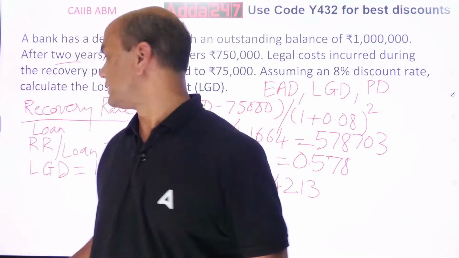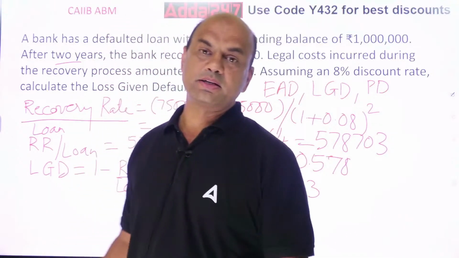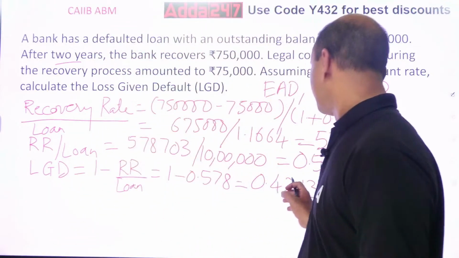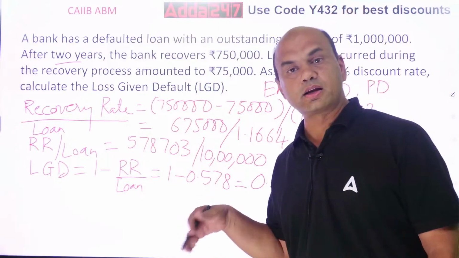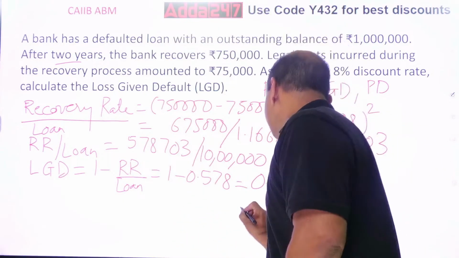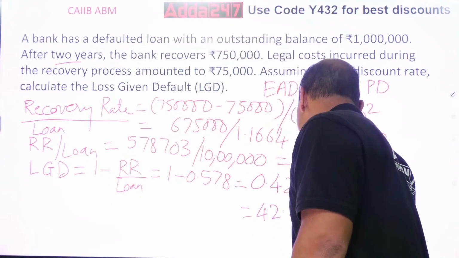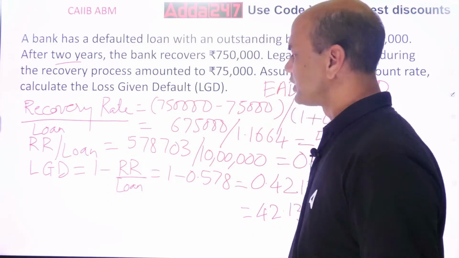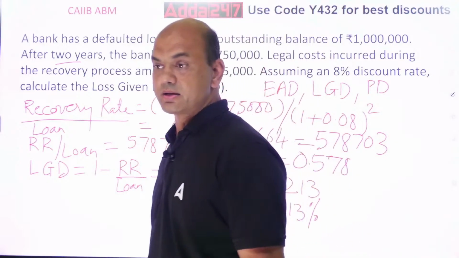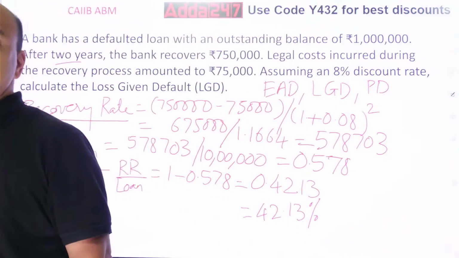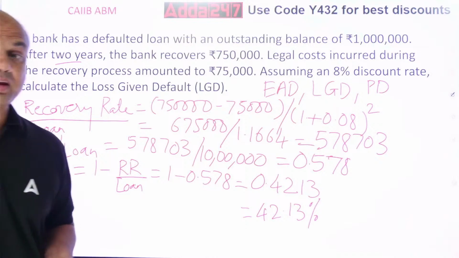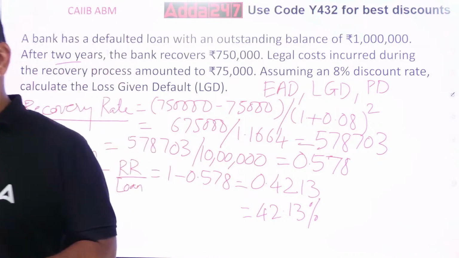Now this is known as LGD. LGD is 0.4213, or you can write it in percentage as 42.13%. This is known as LGD, loss given default. Very, very, very important numerical.